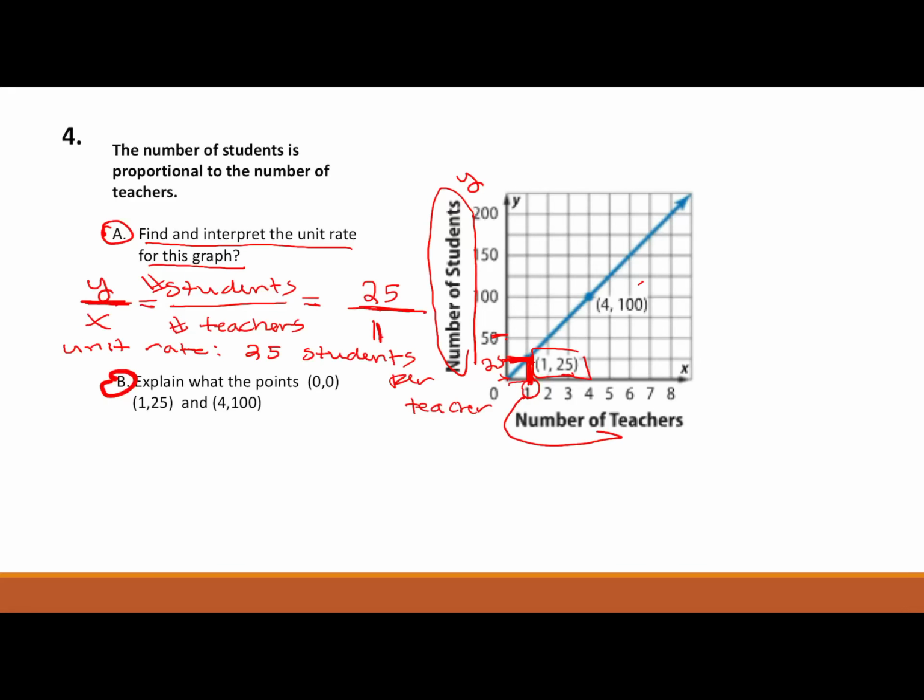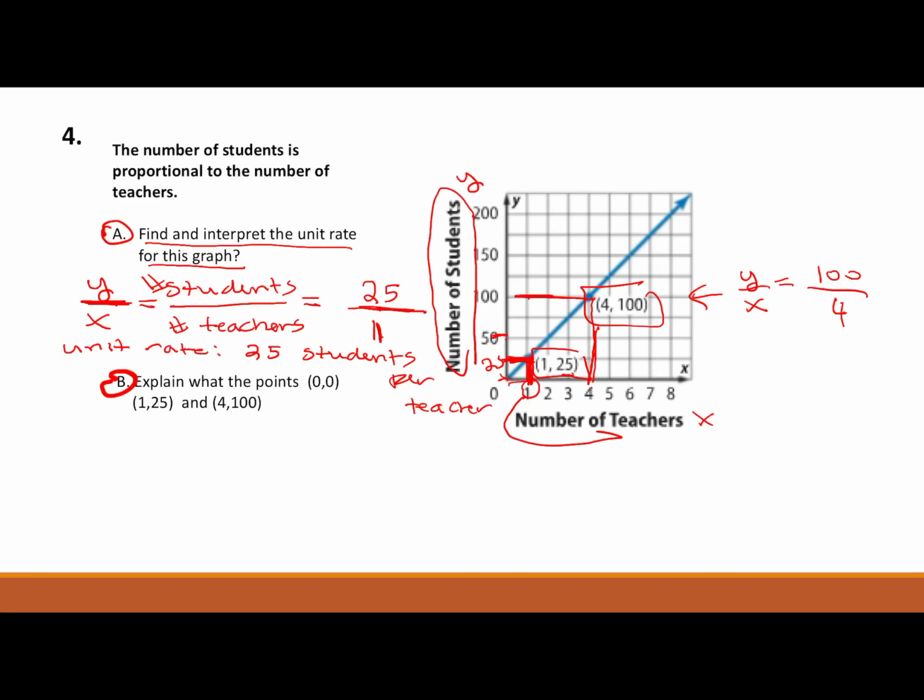Okay, we could have picked another point. We could have picked this point right here. And this point right here, remember it's y over x. So if we go down, our x coordinate is 4. If we go over, our y coordinate is 100.